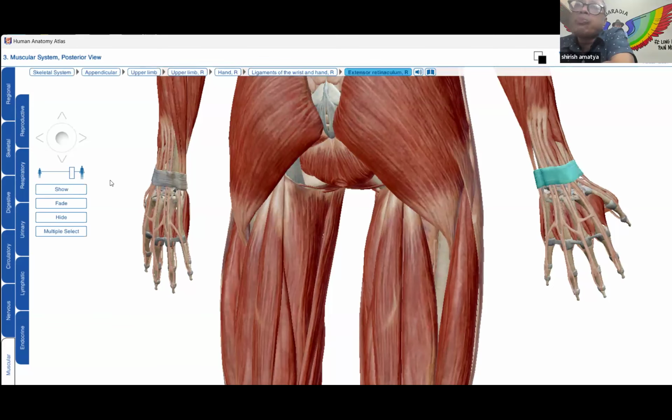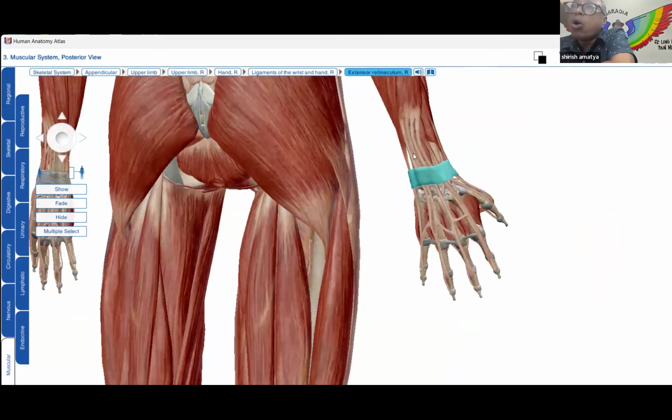One of the peculiar things about the wrist joint is that all the extensor muscles eventually form tendons, and these tendons go below the extensor retinaculum to the various digits.